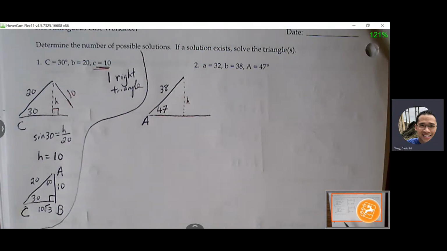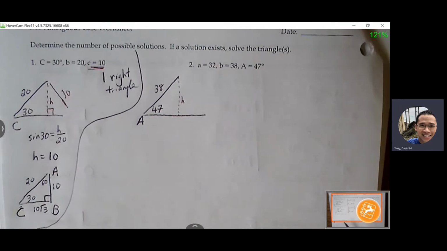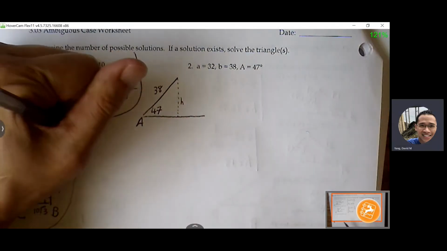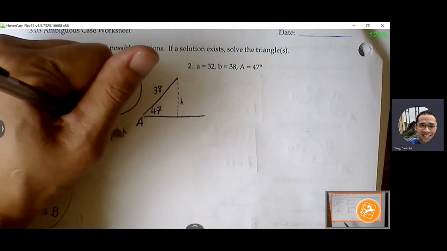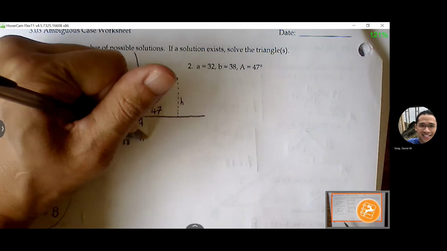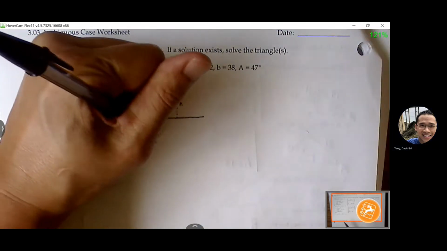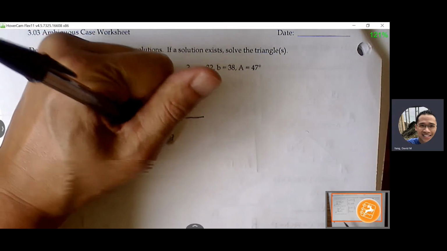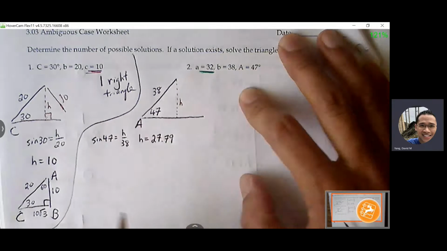Let's find that h. That's going to allow us to know how to interpret that 32 there. Okay, h equals... all right, compare those values there.